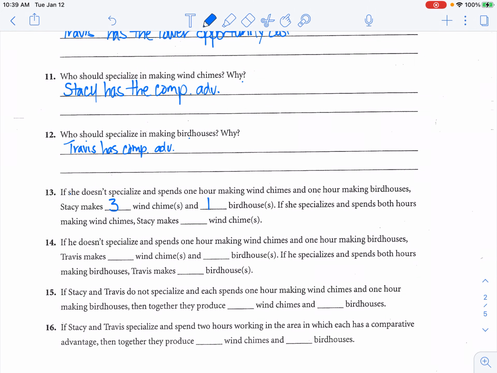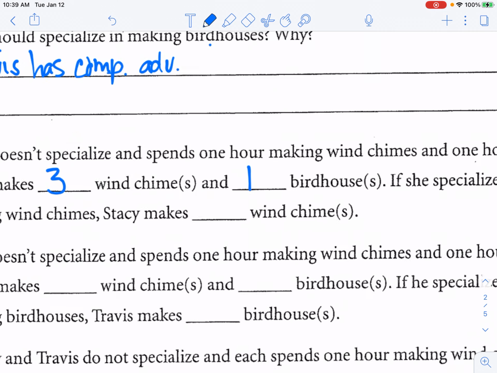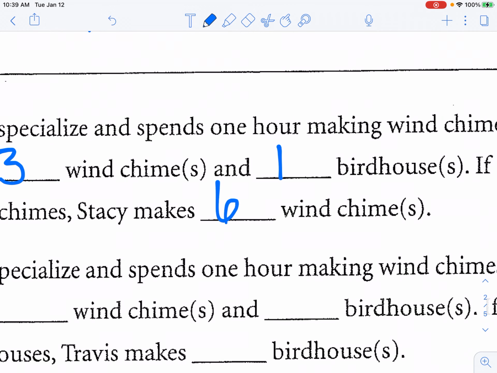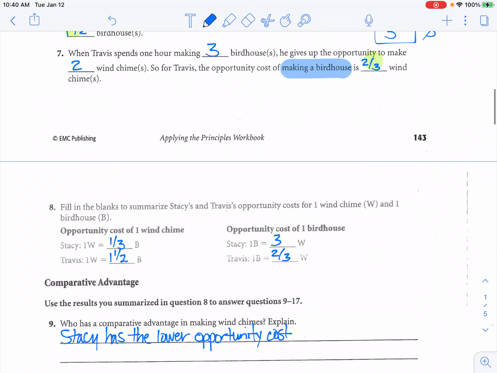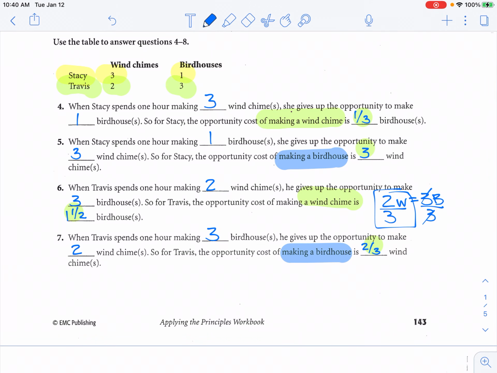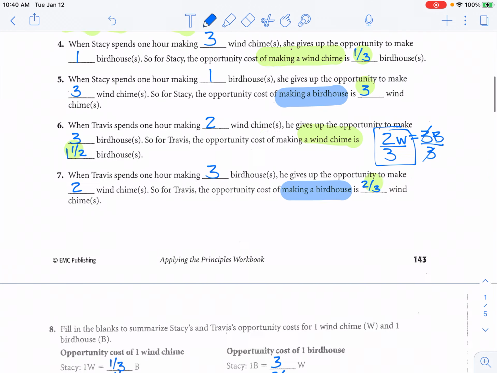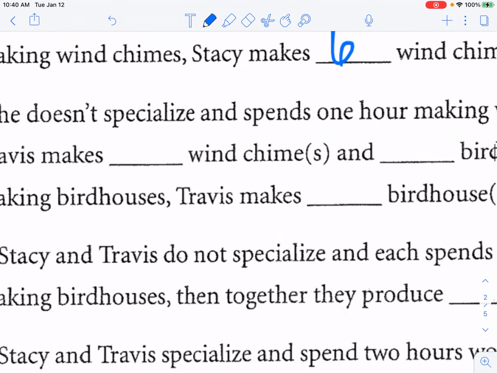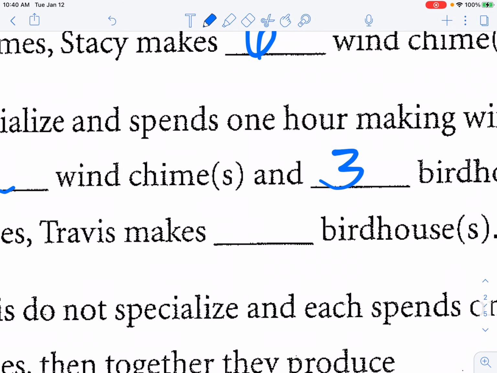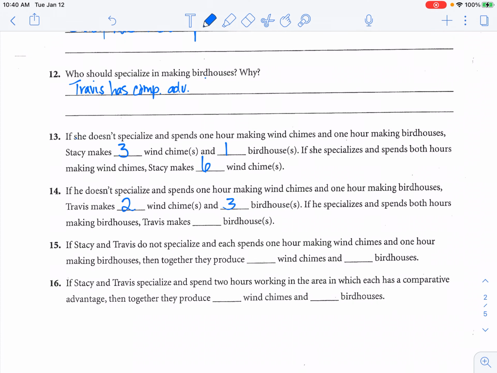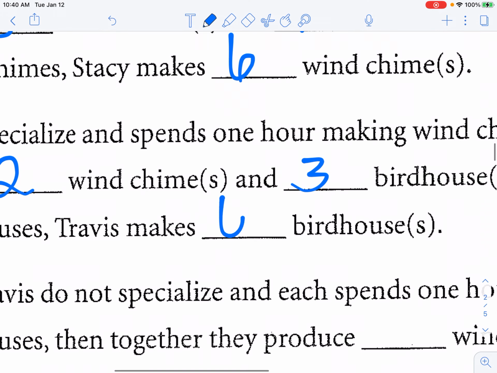But if she specializes and spends both hours making wind chimes, 2 times 3, she can make 6 wind chimes in 2 hours rather than 3 wind chimes and 1 birdhouse. And we know Travis, if he spends an hour making wind chimes, he'll make 2, and if he spends the other hour making birdhouses, he'll make 3 of those. 2 wind chimes, 3 birdhouses. But if he specializes and spends both hours making birdhouses, well, then we know he can make 6 birdhouses.